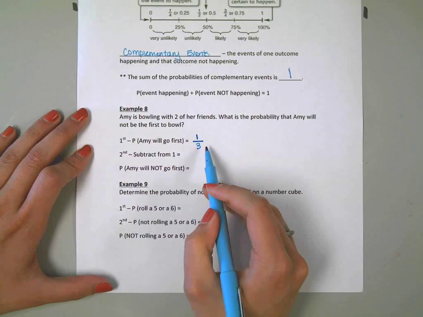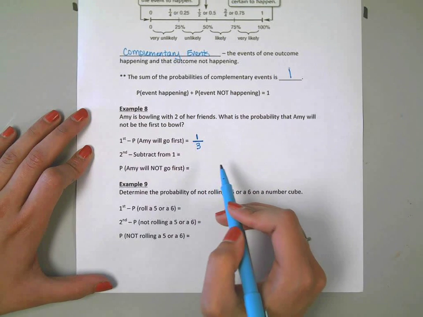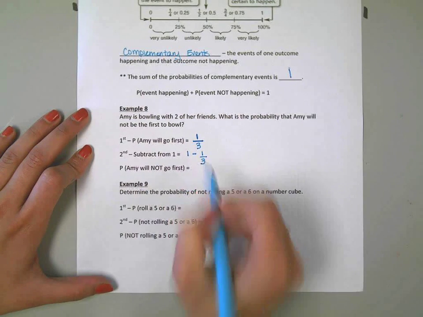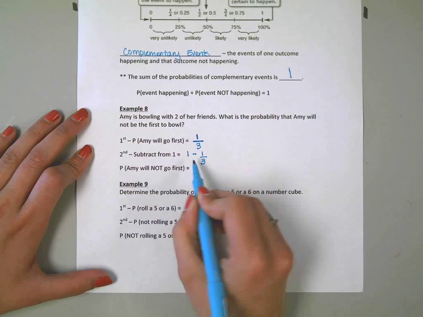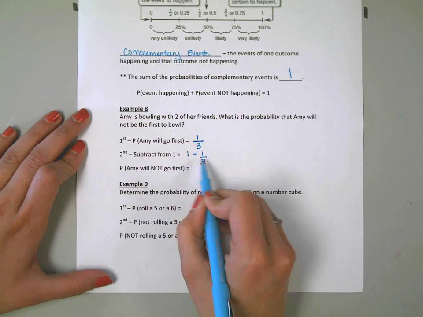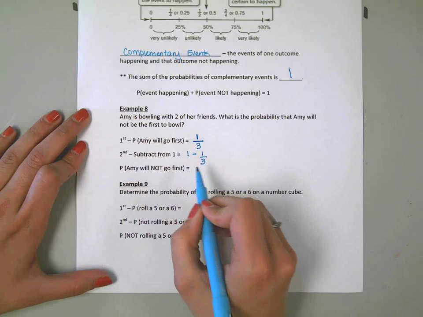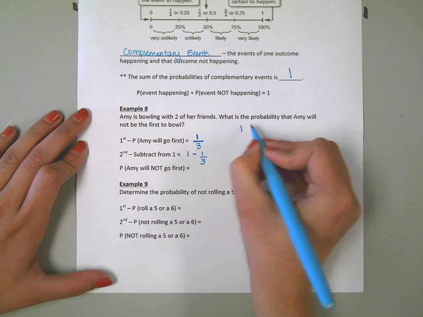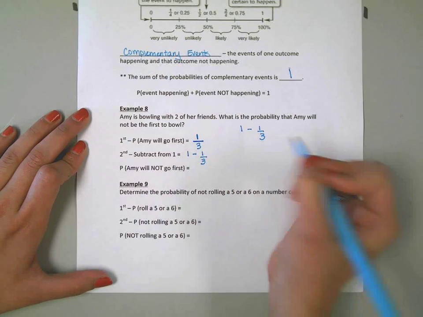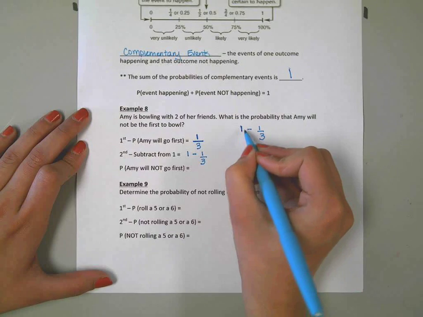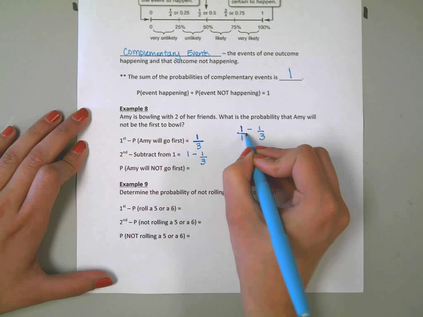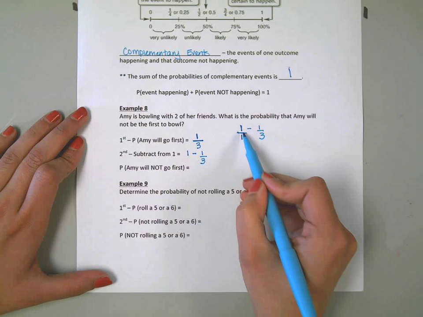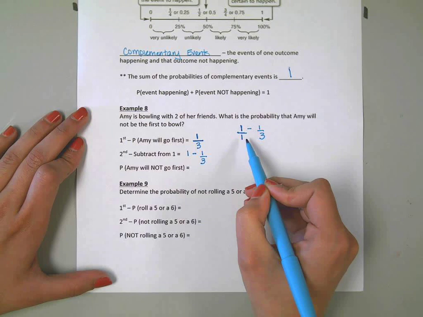But we are trying to find the probability that Amy will not go first. So to do that, we will take 1 minus 1/3. Remember, when you're subtracting a fraction from a whole number, you have to find the common denominator, and we'll do that over here to the side. So 1 minus 1/3. You can rewrite the whole number as 1 over 1 as a fraction. We have to change 1 over 1 into 3/3.